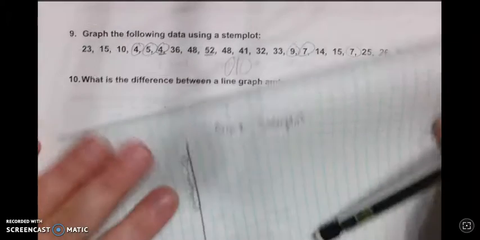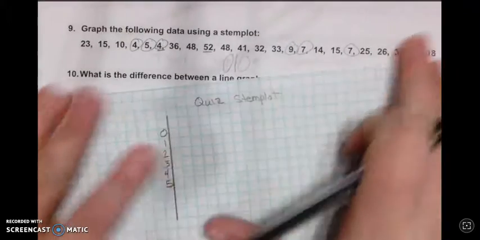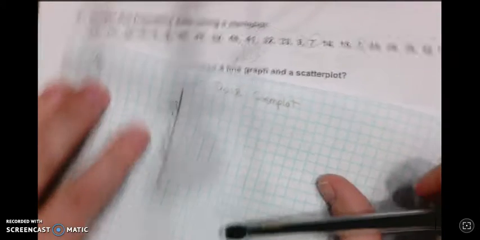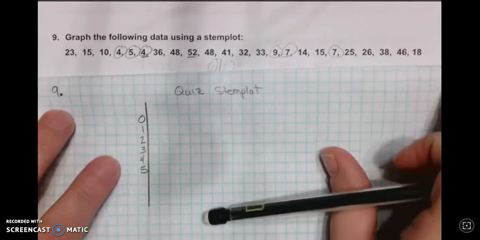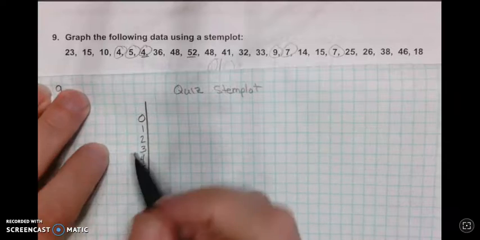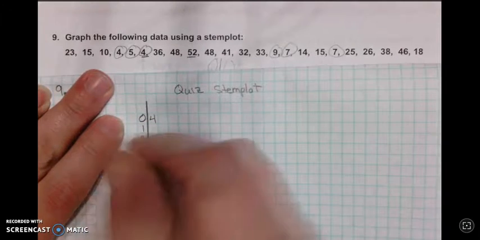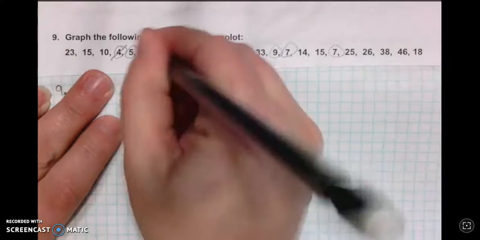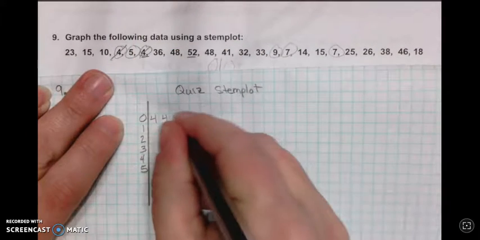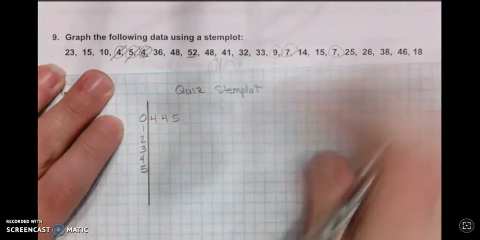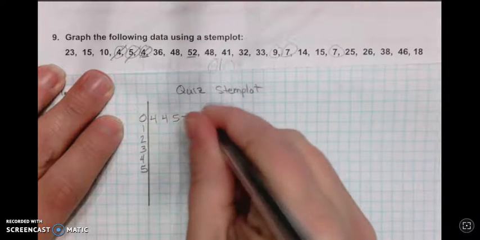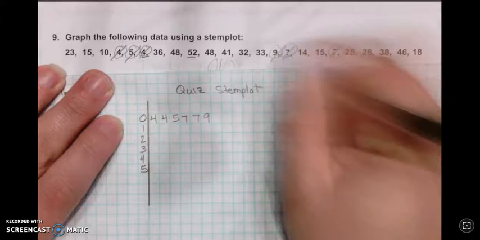I'm going to fold this just so you can see what I'm doing on the camera here with these numbers. So the smallest number is 4, so put a 4 here. That means there's one 4, and there's actually 2 4s, so put another one. So I recorded those 2. And then we have a 5, and then we have 2 7s, and a 9. So put those in order.